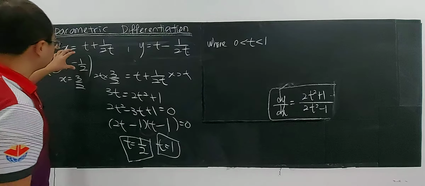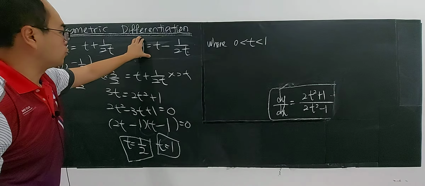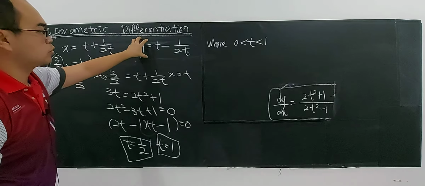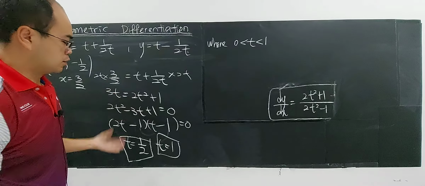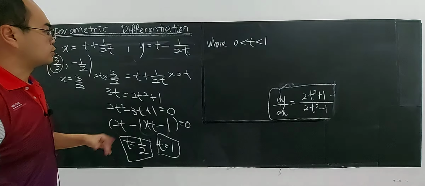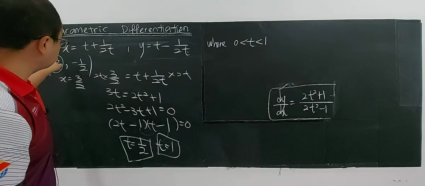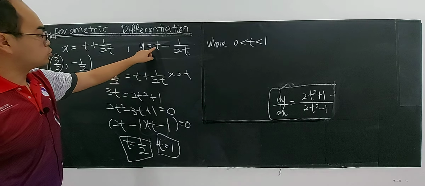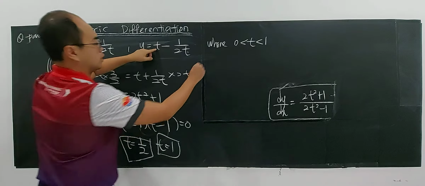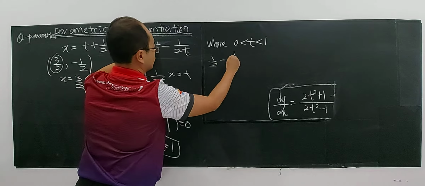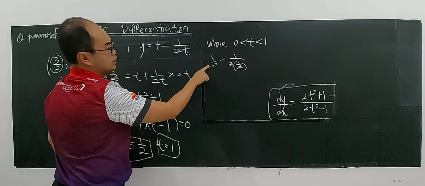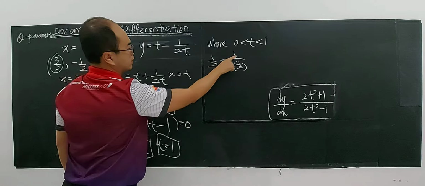If you want to use the value of y, substituting y equals negative 1 over 2, you are still getting the value of t, right? If you choose x, try t equals 1 over 2. Putting in 1 over 2 minus 1 over 2 times 1 over 2, you are still getting 1 over 2 minus 1, which is negative 1 over 2, which is your y, right?